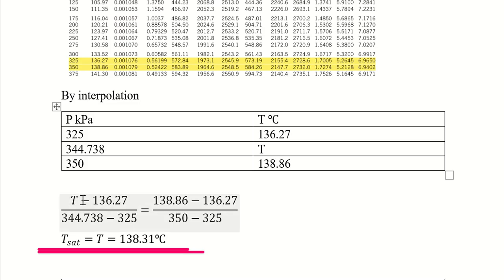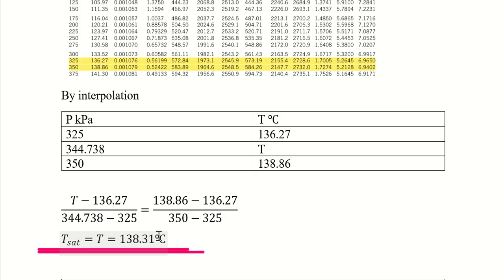So you get the temperature minus that, you divide by this minus that, the temperature that corresponds with this pressure minus the temperature that corresponds with that pressure. And you equate it to this minus this, over the pressure that corresponds with this minus that. And the temperature you get is going to be the saturation temperature, which is equal to 138.31 degrees Celsius.